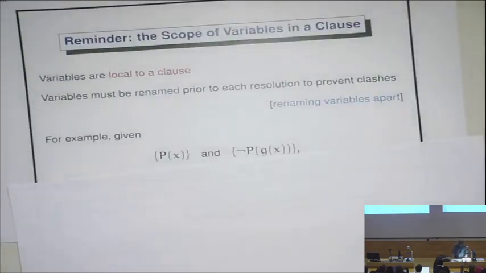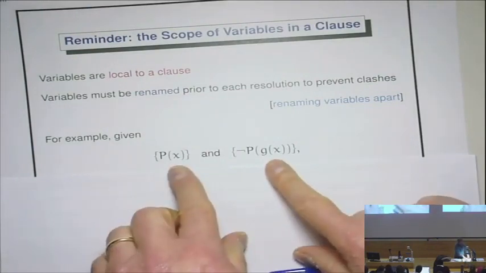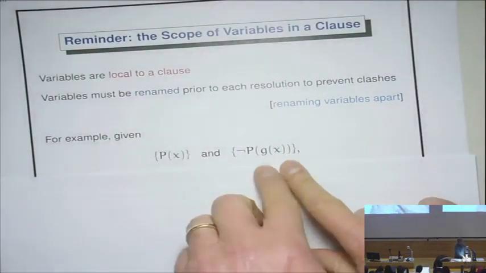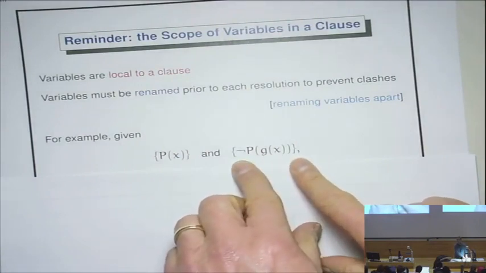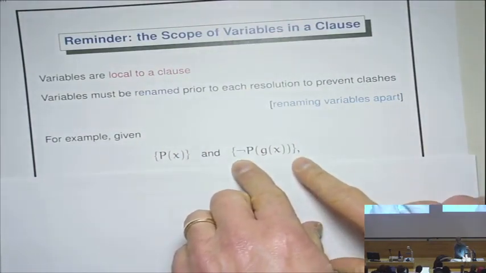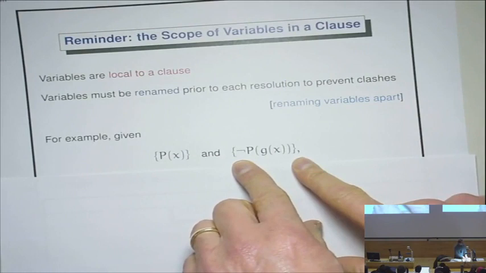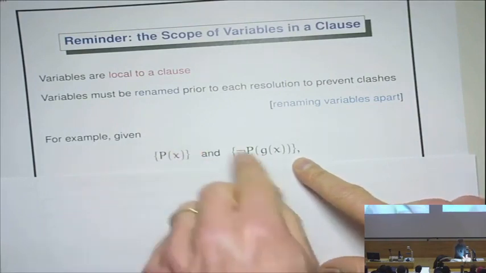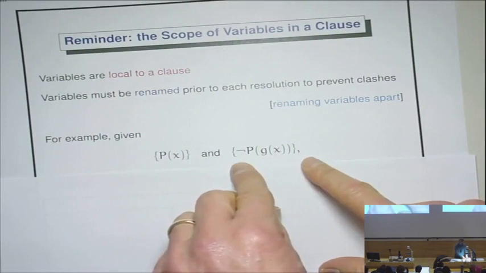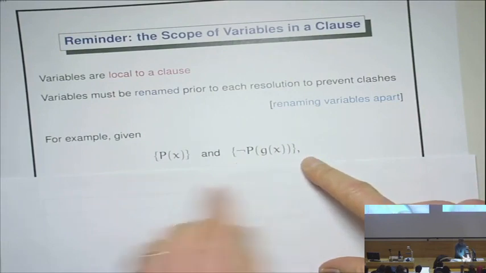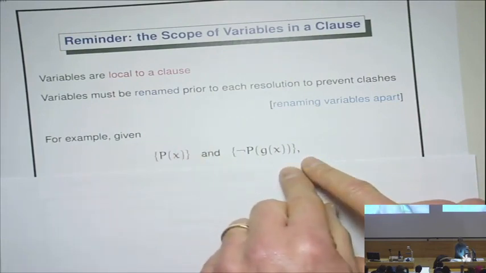Anyway, some students come along, they see this clause here and that clause here, and they think, oh, I can't do a resolution because of the occurs check. Why are they wrong? They are wrong because these variables are in different scopes, which means you have the right to rename these variables.